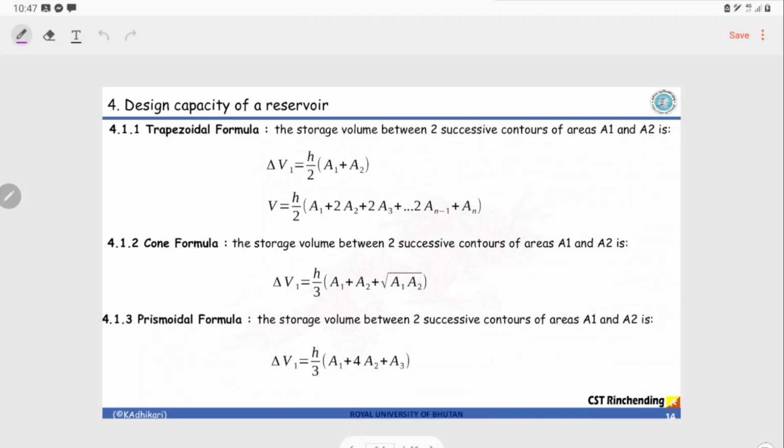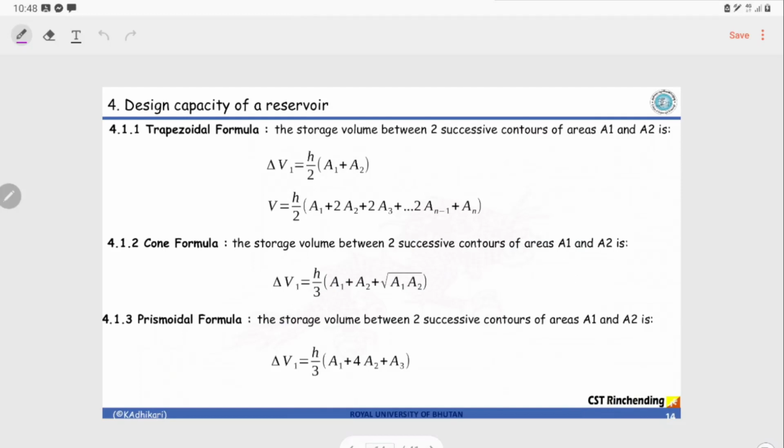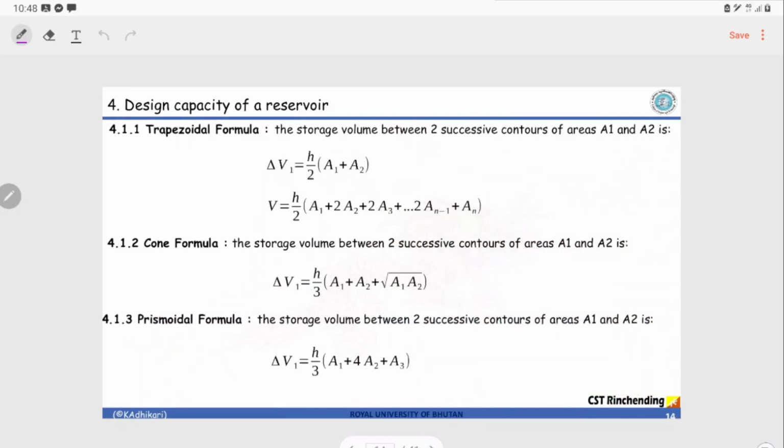Now there are three ways to calculate the capacity of a reservoir. Basically it works on the same principle, on this area elevation curve only. The formula is a little bit different, but the concept is the same. So to calculate the volume between two contours, let me draw them first. This is one contour and there's another contour.